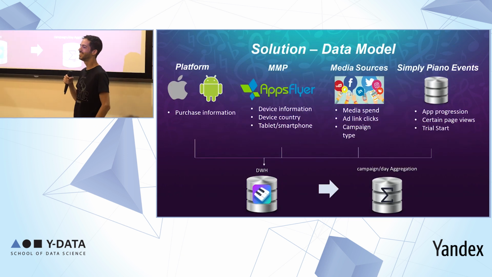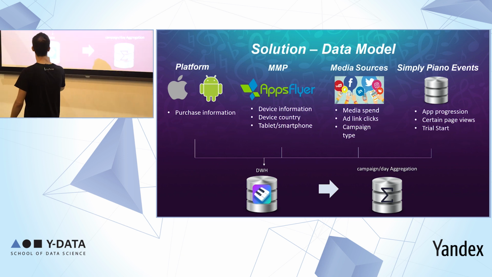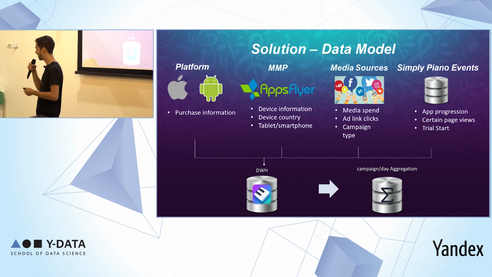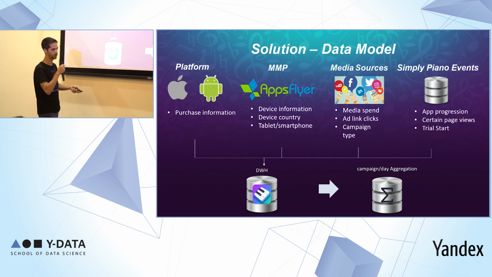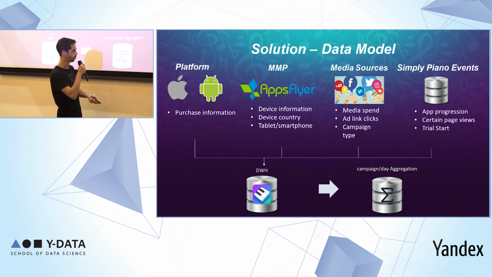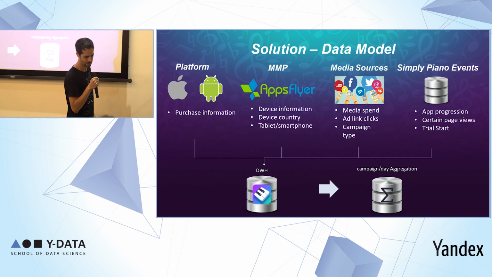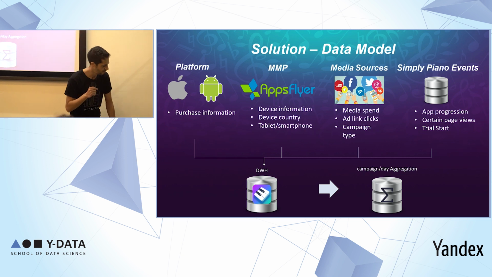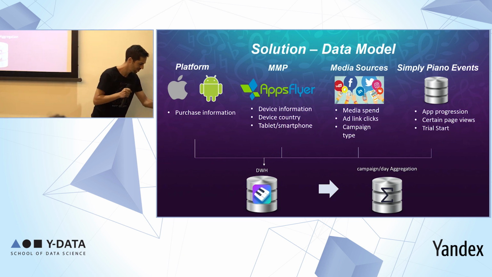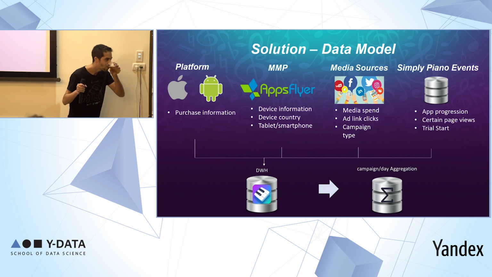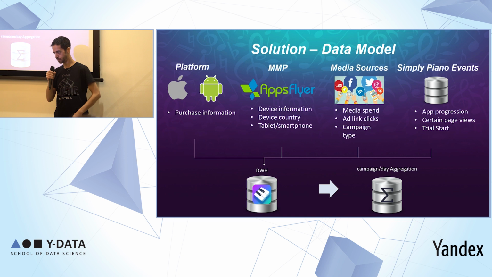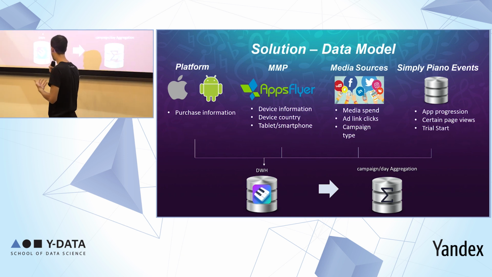OK, so the solution was to create a data set that represents very well what we want to predict. And we use 4 different sources. First of all, the platform, meaning iOS or Android.